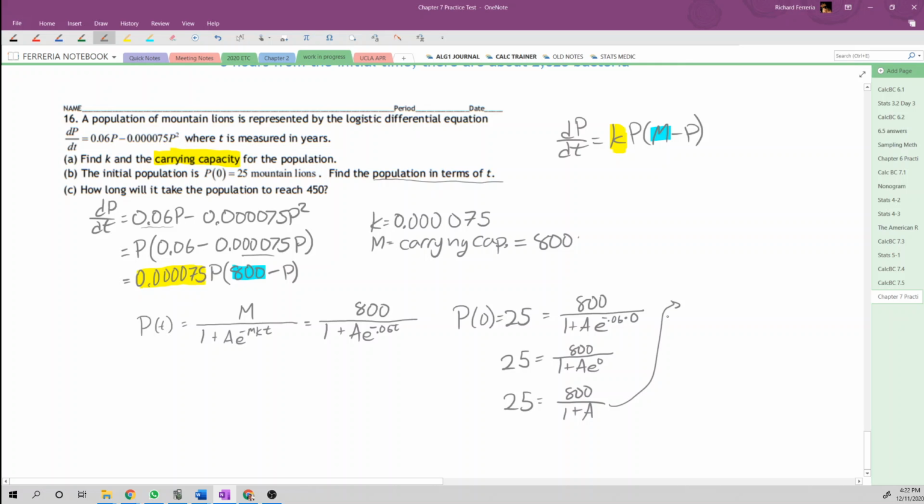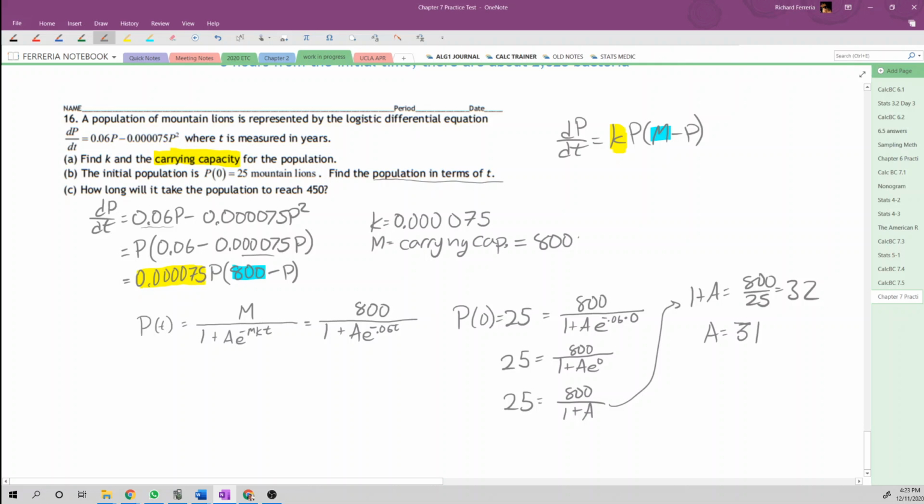Continuing to solve here, we can say that 1 plus A equals 800 over 25, which is 16. So that tells me A is going to be equal to 15. Whoops, 800 over 25 is 32, so A is 31.